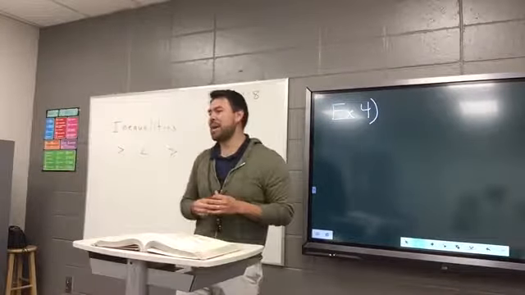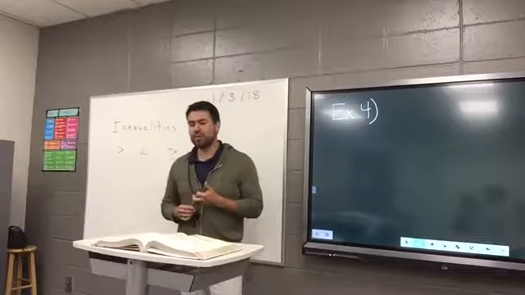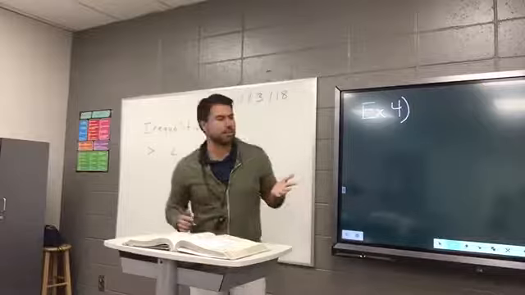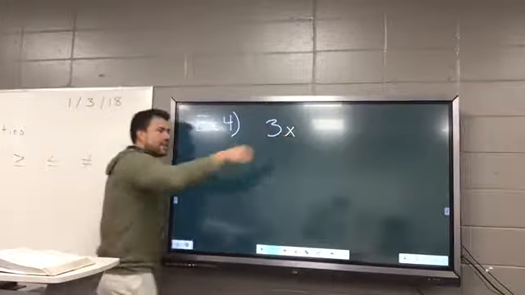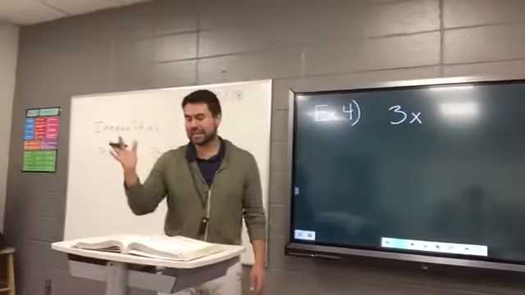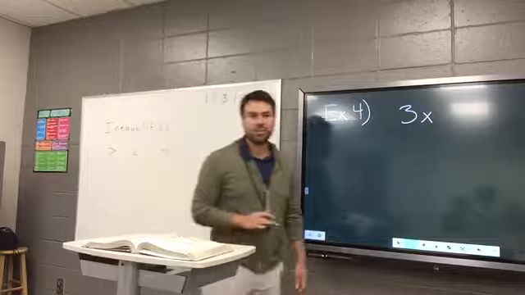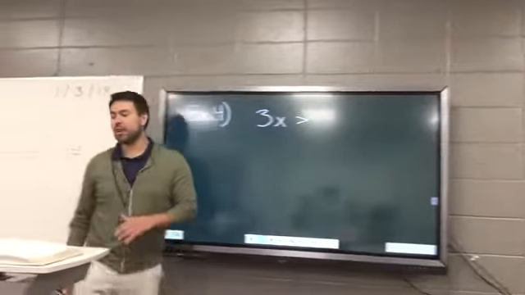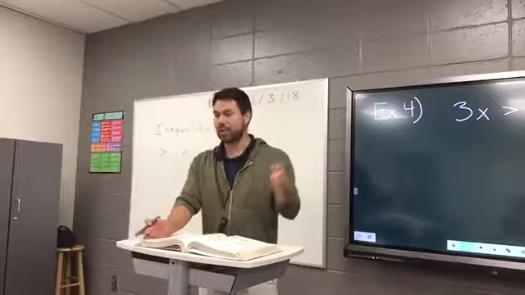Okay. Example 4: 3 times a number is more than the difference of twice that number and 3. How do you write 3 times a number? Let's write 3x, 3n, 3s, 3t, doesn't matter. 3 times a number is more than. How do you translate more than? Greater than. Then the difference of twice that number and 3.